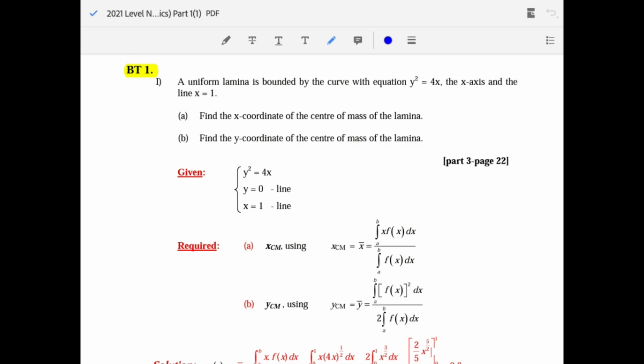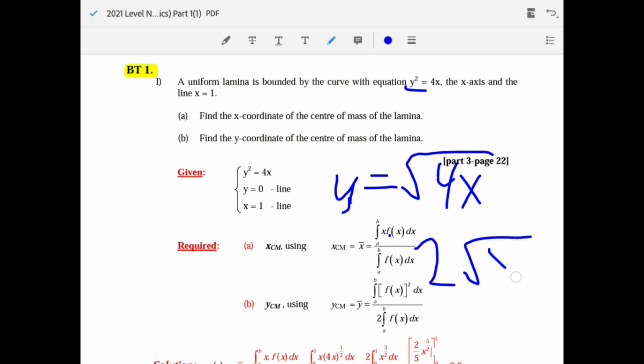So x-coordinate, it's x into f of x over f of x, obviously dx in integral. So f of x is y, and since you have y squared, you just square root it. So y is equal to square root of 4x, which is 2 square root of x. So use that formula.